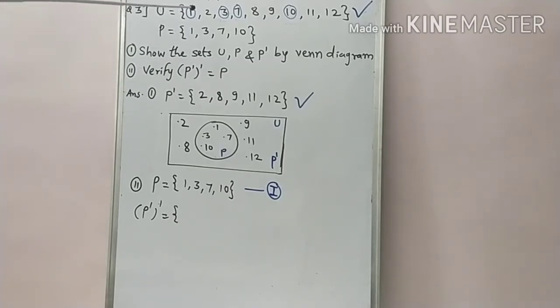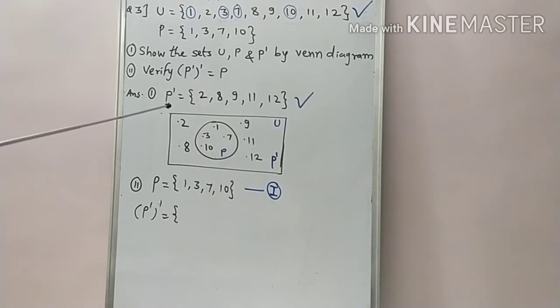So here I circle those numbers which are not in P dash. So 1, 3, 7 and 10 are in U but not in P dash, meaning we have to write those numbers in complement of complement P.